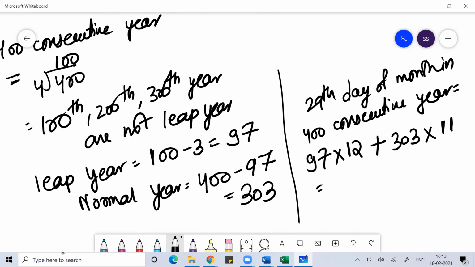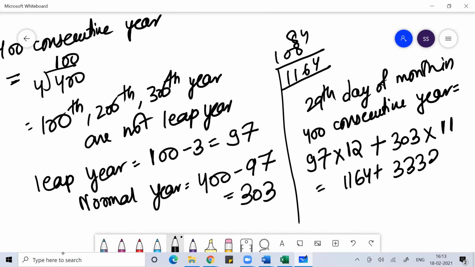You just need to solve this. 97 times 12 is 1164, and 303 times 11 is 3333. If you add them, the answer is 4497.